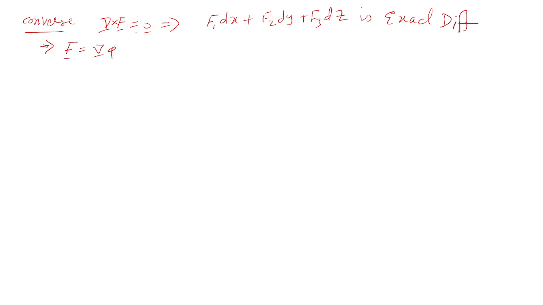Curl of F is 0, then F should be grad phi, and that implies F dot dr is equal to grad phi dot dr, taking the dot product with dr on both sides. What is this?